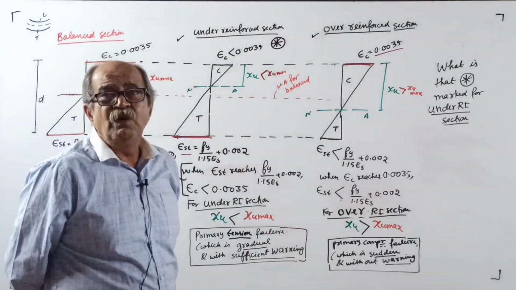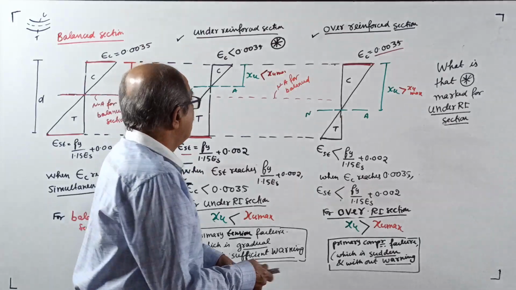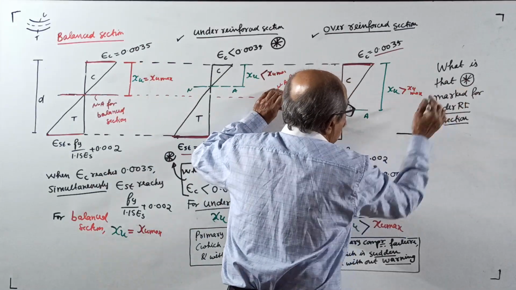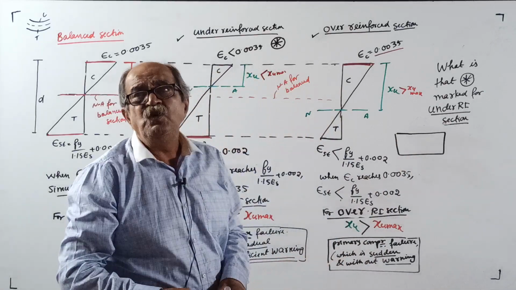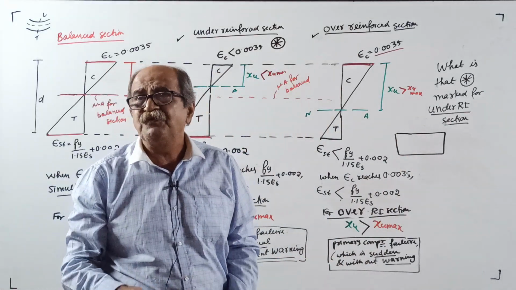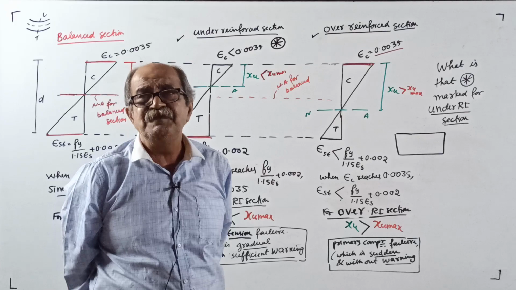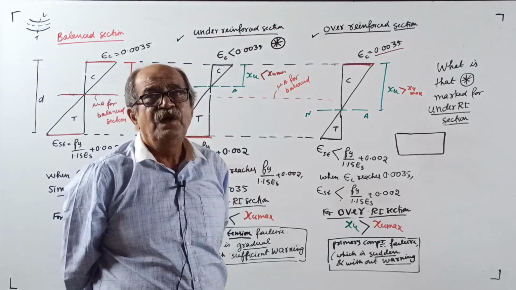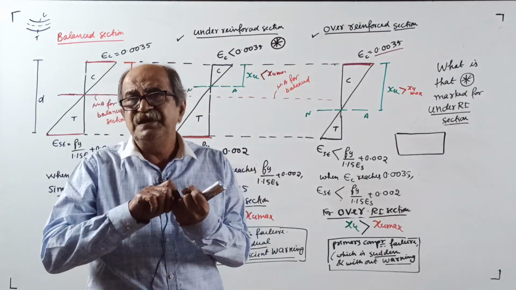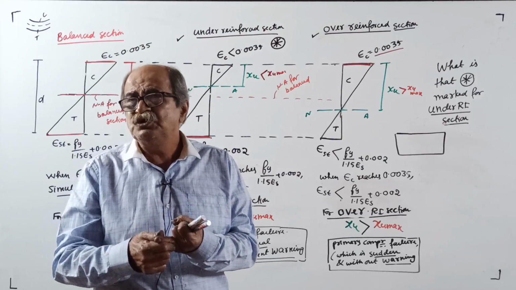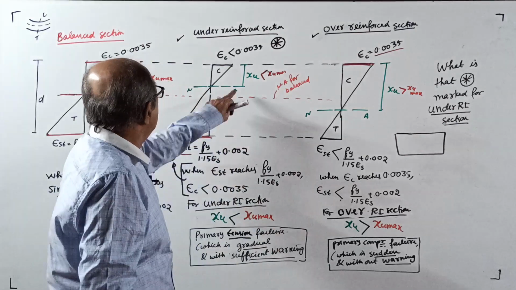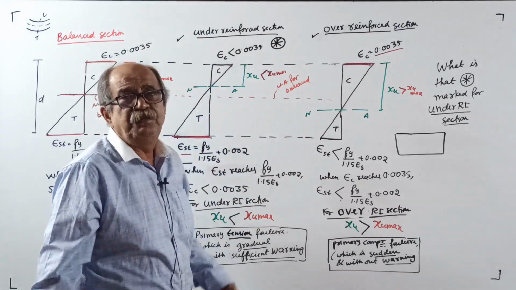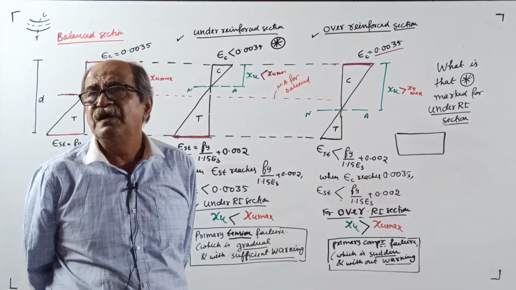Remember now, write correctly here. Whenever we have to perform analysis for flexure, meaning bending strength, then for a given cross section, singly reinforced or doubly reinforced or T section, whatever it is, you first find the value of XU, the depth of neutral axis for the given section.